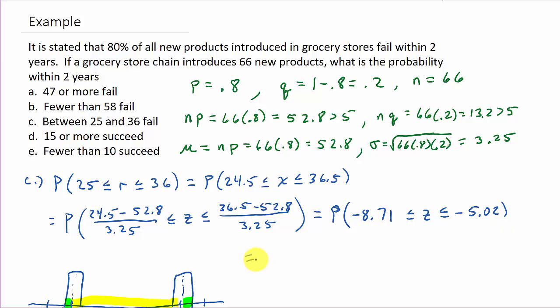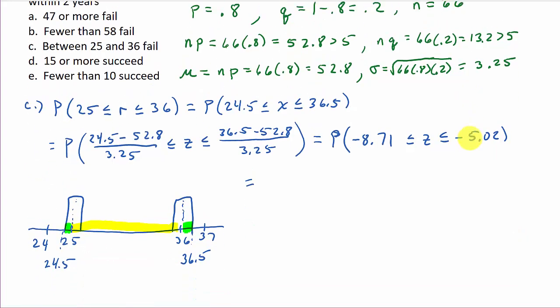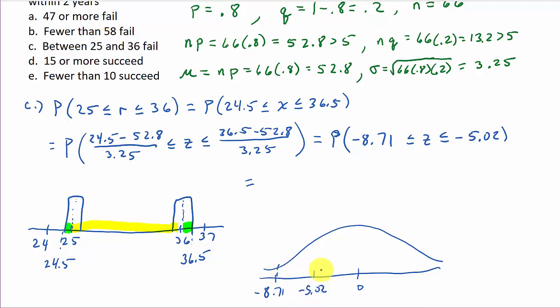So this might not have been the best example, and actually I'm kind of glad it worked out like this, because to get an accurate solution, you would have to calculate these z-values in Excel. You would get something probably really close to zero. But if you remember how to calculate the areas here, there's 0, there's our normal distribution, so we've got negative 8.71 and we've got negative 5.02, and we're looking for the area between these two.